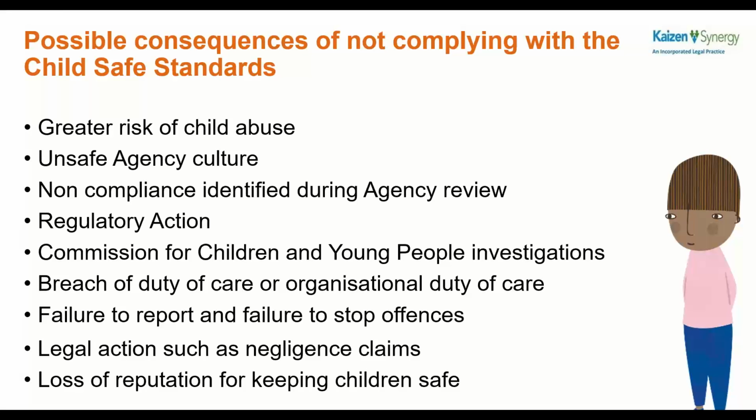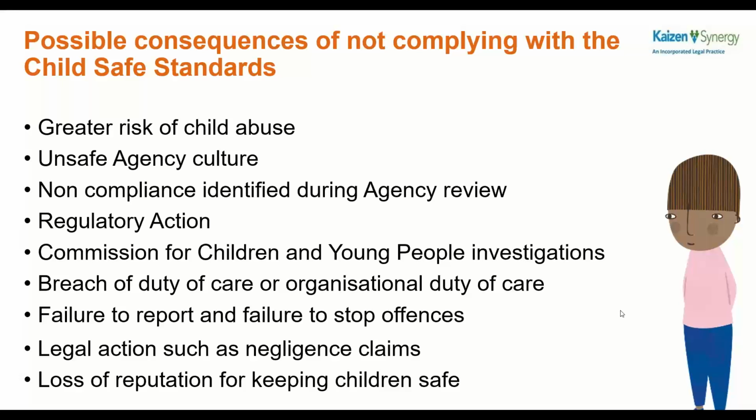Now, let's be quite clear around the possible consequences of not complying with the child safe standards. Well, clearly, if you don't comply with this, then there is a greater risk of child abuse. There is also the possibility of having an unsafe agency culture. Also, meeting the requirements for non-compliance identified during an agency review. Your agency could also have regulatory action by government departments.